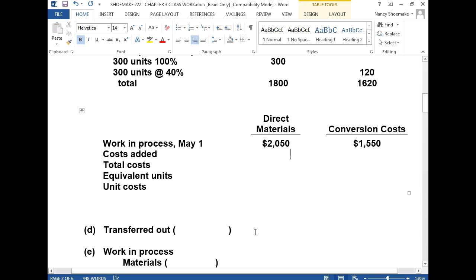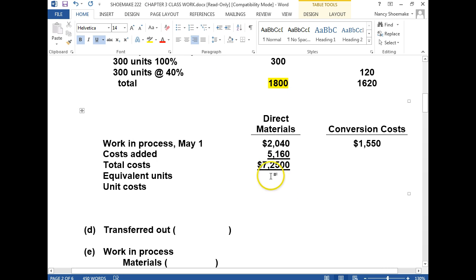Materials of 5,160, right? So we have total costs here. Sorry, 2,040 and 5,160 gives us 7,200. And our equivalent units up here of 1,800.